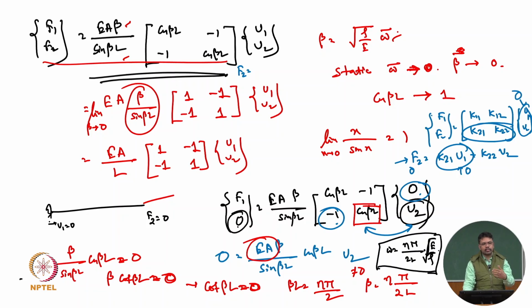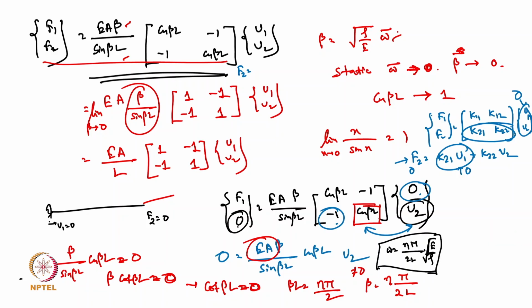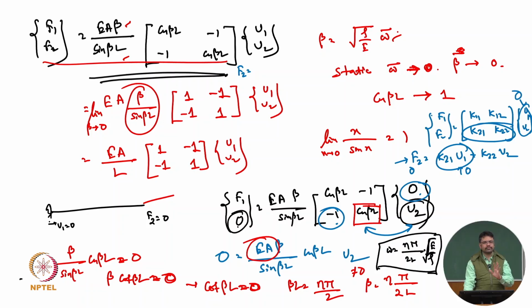First mode, second mode, third mode, all the modes we can get like that. Maybe we can leave it here, and in the next class I will show how we can build the finite element from here.